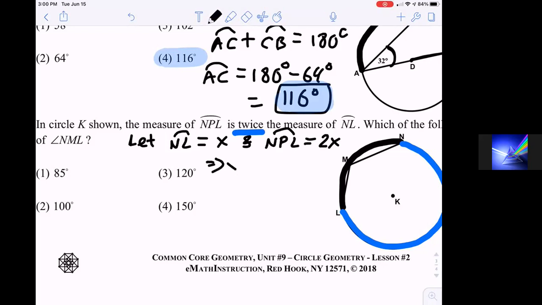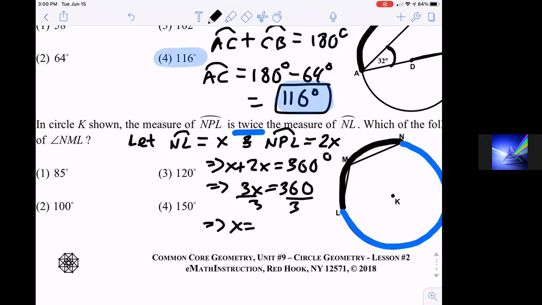So X plus 2X has to add up to 360 degrees, or we could say X plus 2X, or 3X, equals 360 degrees. So solving for X, we get X is 120 degrees, which is arc NL.